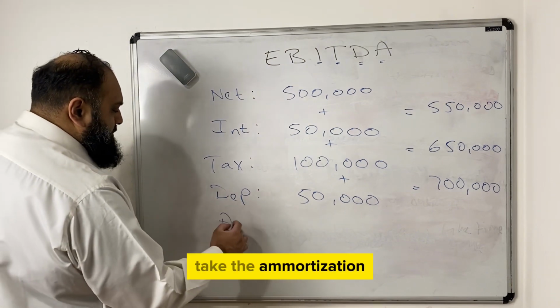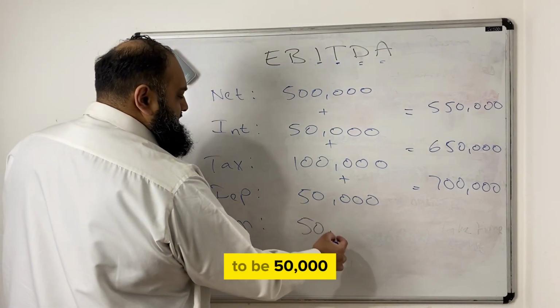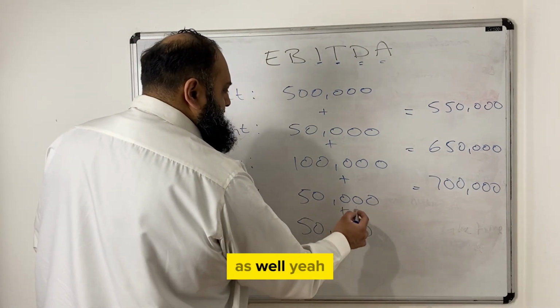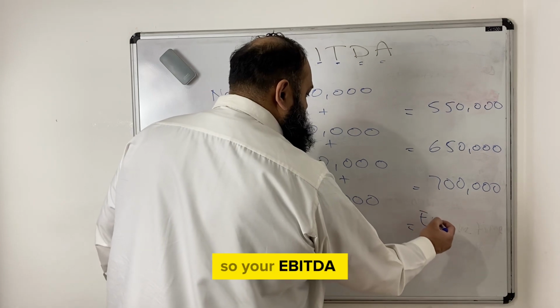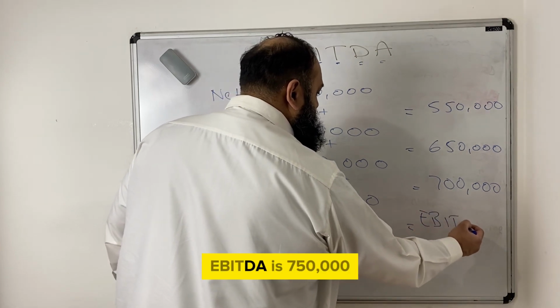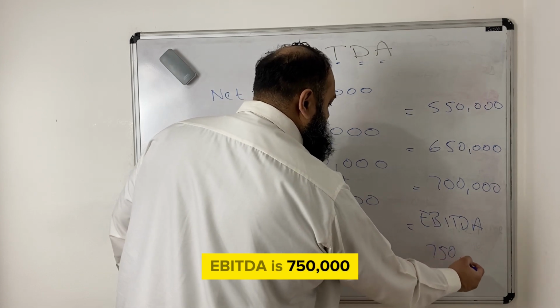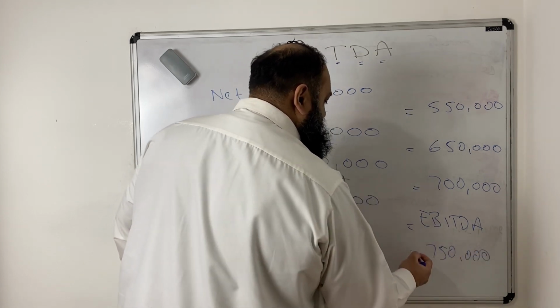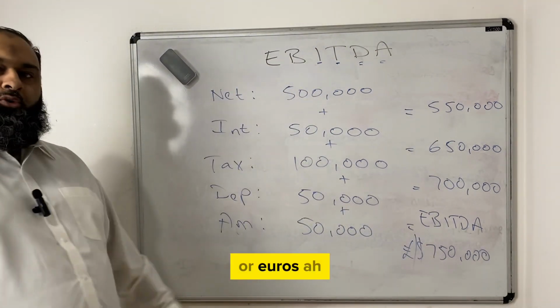We'll take the amortization in this example to be 50,000 as well. Now you're left with your EBITDA, which is 750,000.